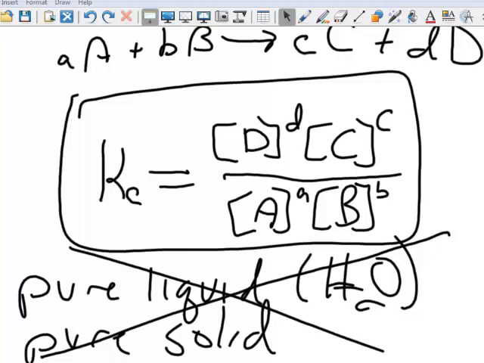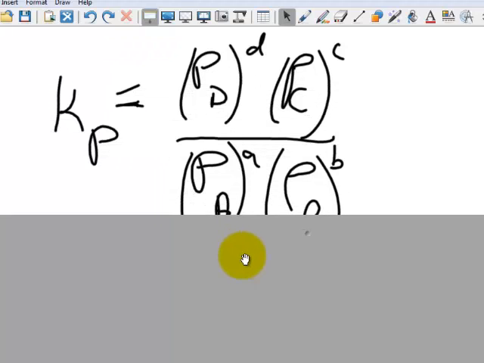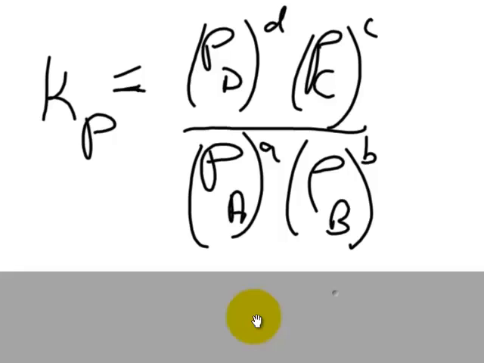Now, what if we're not talking about solutions? What if we're talking about gases? Well, in fact, there is a K based on pressures. K, amazingly enough, sub P for pressure. This is exactly the same format as the other one, except instead of concentrations, we're talking pressure.